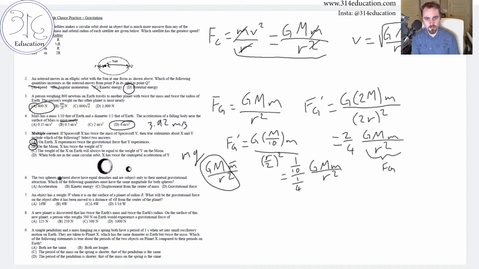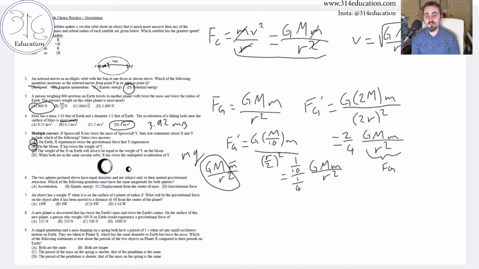That kind of rules out C and D, but let's double check them. The weight of X on Earth will always be equal to the weight of Y on the Moon. No, that's not going to be true, because there's only a specific ratio that would make it true, so that's not always true. It's weirdly specific. That's not a general lemma.